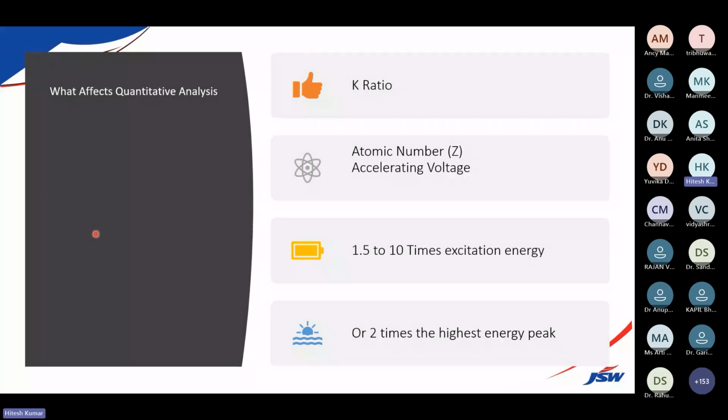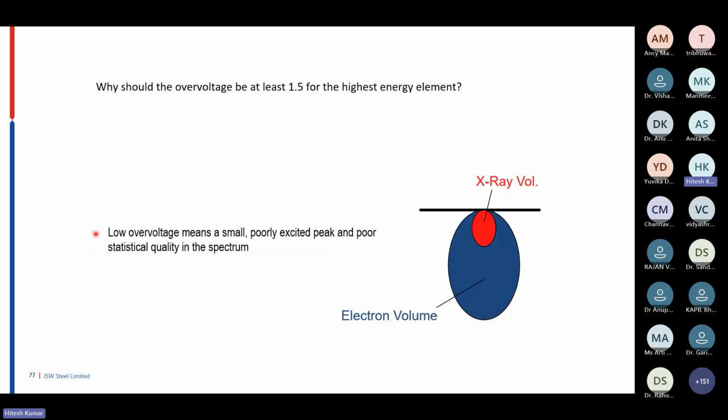The K ratio is basically the intensity versus the intensity of the standard, and then the atomic number and accelerating voltage depend on what type of element you are talking about. According to that, you need to change your accelerating voltage. It should be 1.5 to 10 times the exciting energy and 2 times at the highest peak energy. So these are the things which you need to take care of.